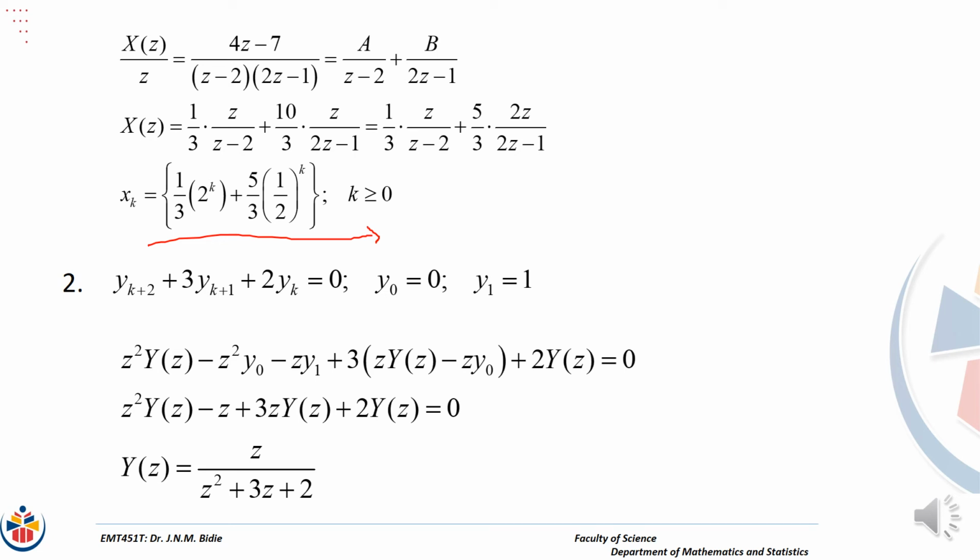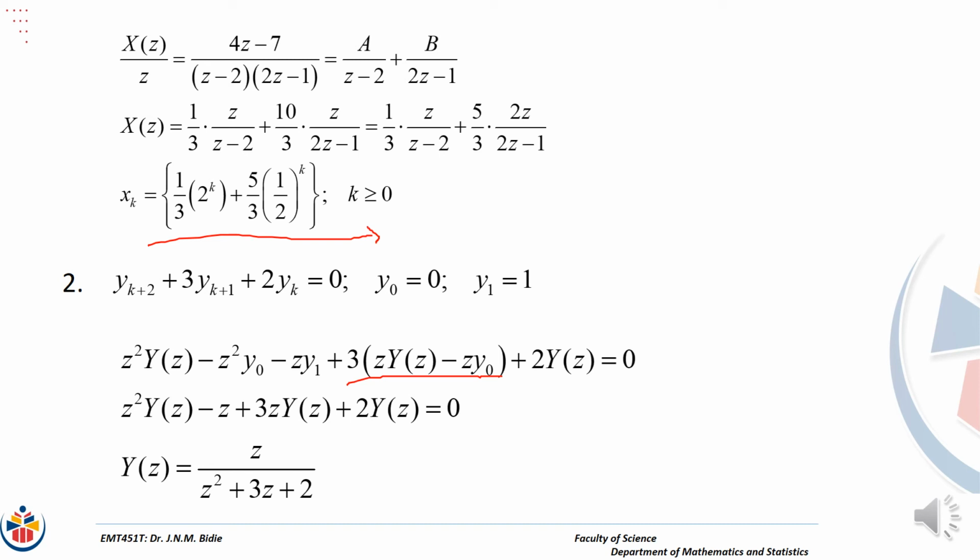Number 2, we do exactly the same. Z transform of each term using our Z transform tables, recognizing that there is a 3 that multiplies yk plus 1. So we have to put the Z transform of yk plus 1 in brackets so that we multiply by 3. Substitute the initial conditions, y0 equal to 0 and y1 equal to 1.